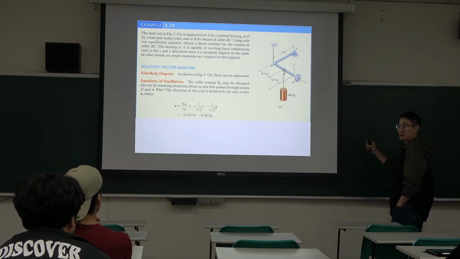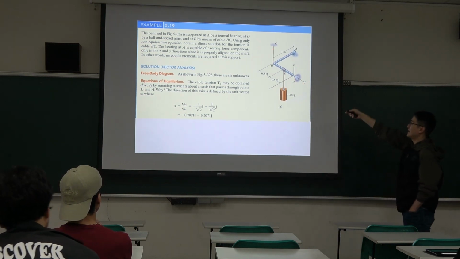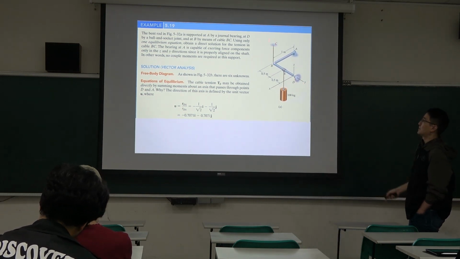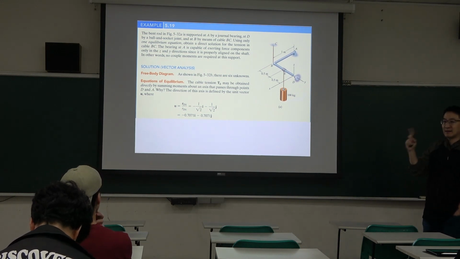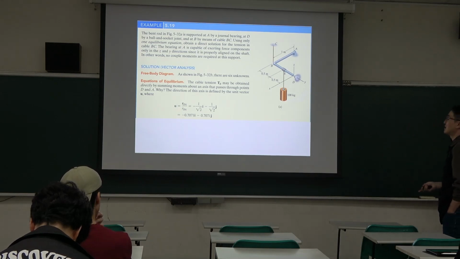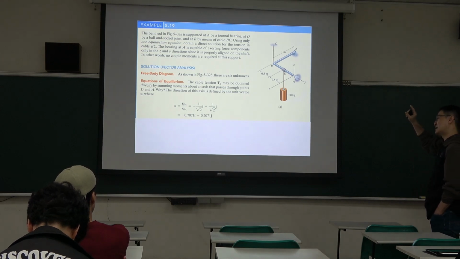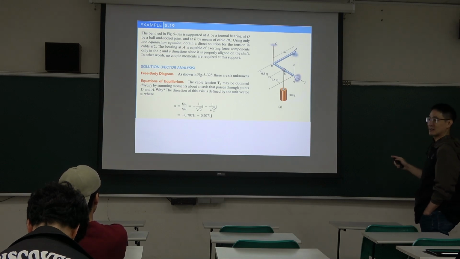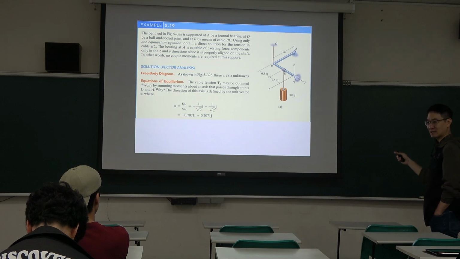The ball and socket has three directional forces here. Then the cable here. But we want to use one equilibrium equation to solve it. That's a requirement. So theoretically we try to use the equation which can reduce unknown parameters as many as possible.